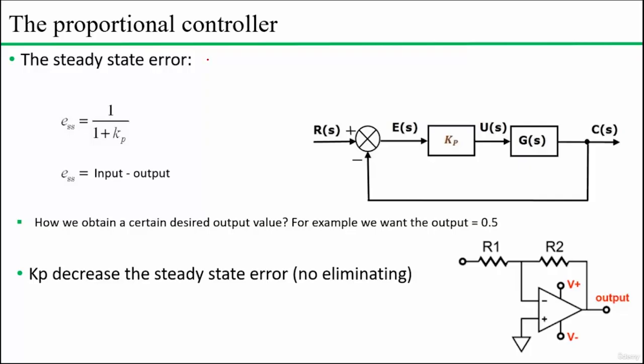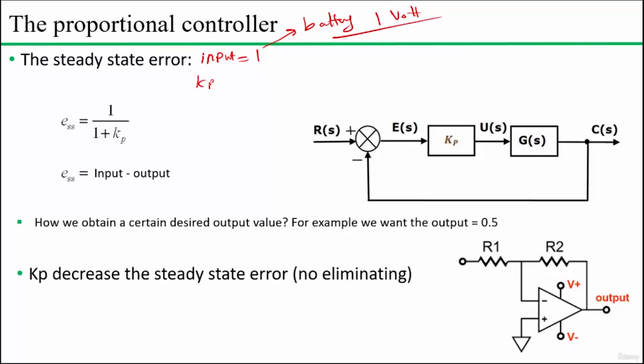So let's start by assuming that the input is a unit step input, and unit step means that the input is equal to 1. And unit step in hardware is just a simple thing. We can say that we need a battery that provides 1 volt. This is a unit step, so it is not something difficult.